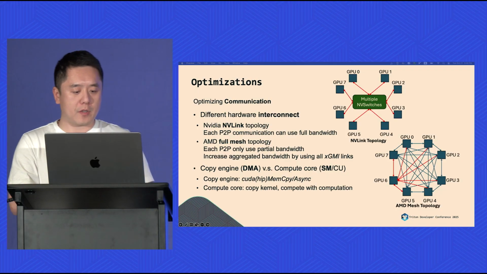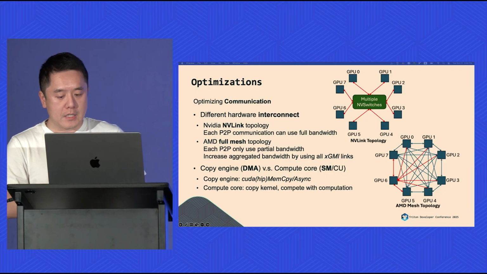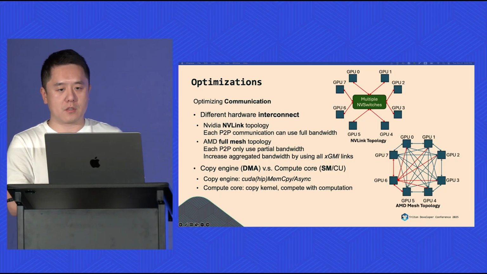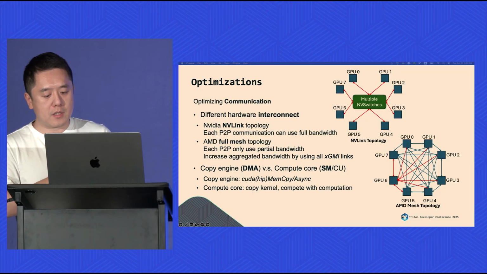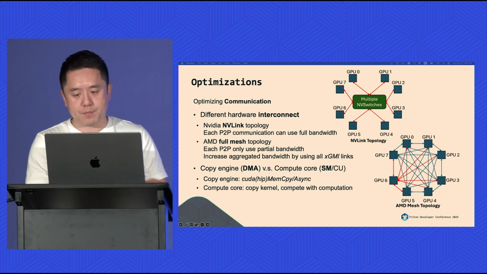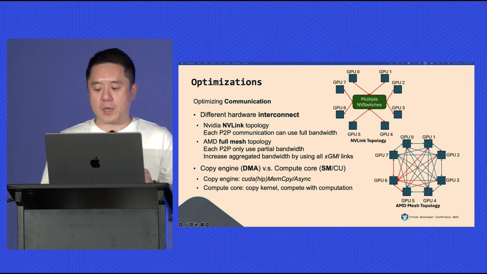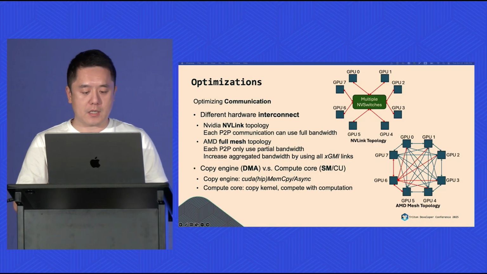Besides, there are different numbers of copy engines on GPUs, so depending on use cases, you may want to use the copy engine precisely to achieve good bandwidth, as we showed in the last slide example.